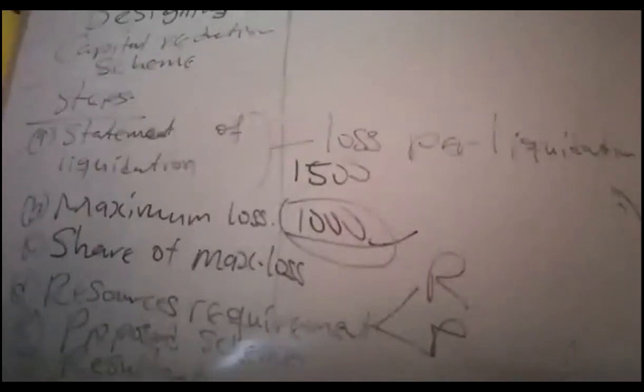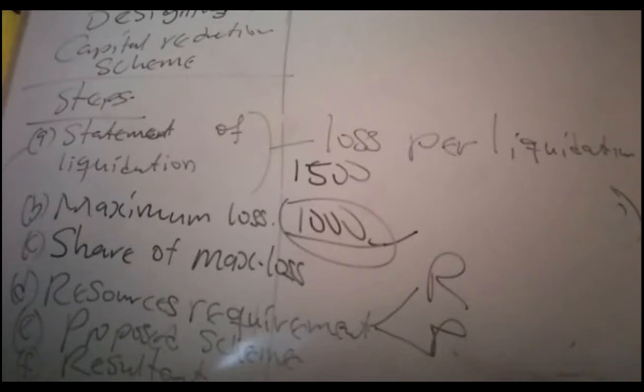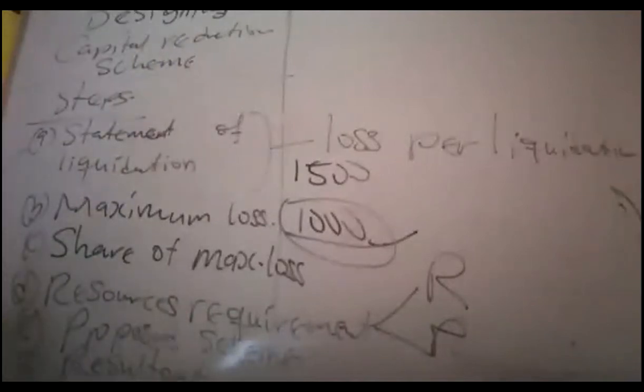All we have to do is pick a very nice question and do justice to it. After that, that's the end of capital reduction. If you're able to go through all these 6 steps, we are done with capital reduction, basically.